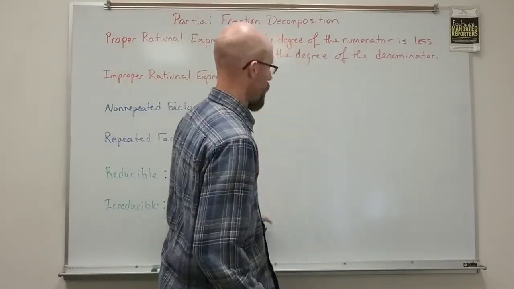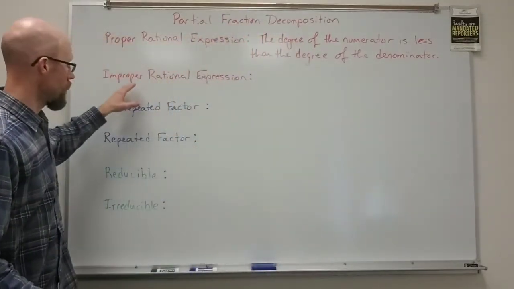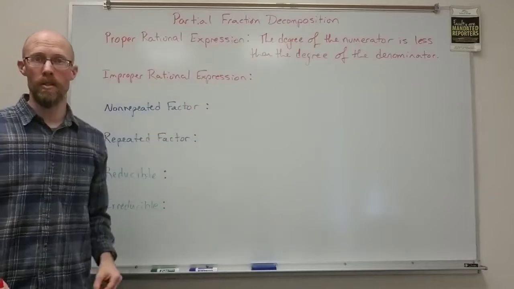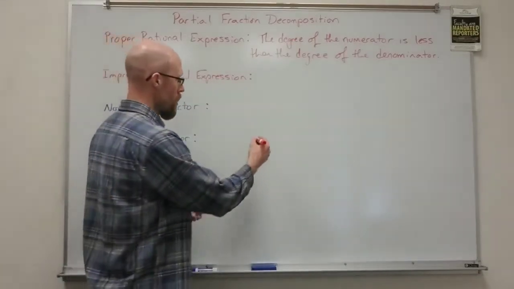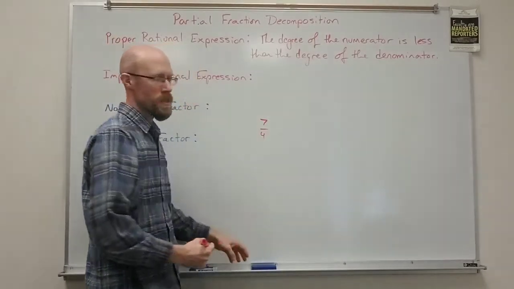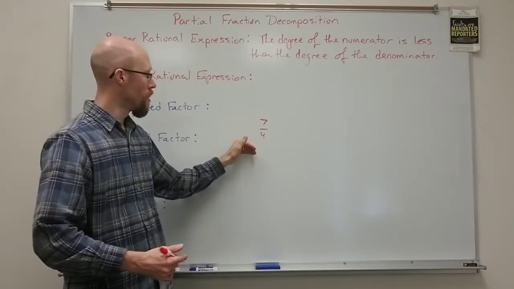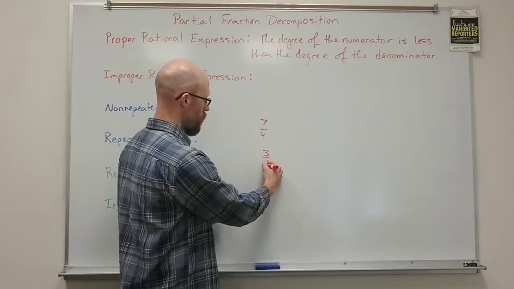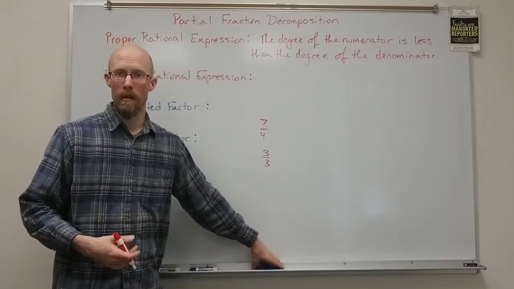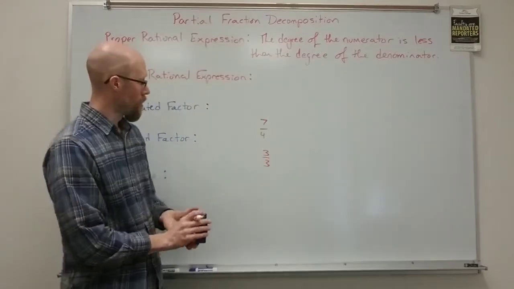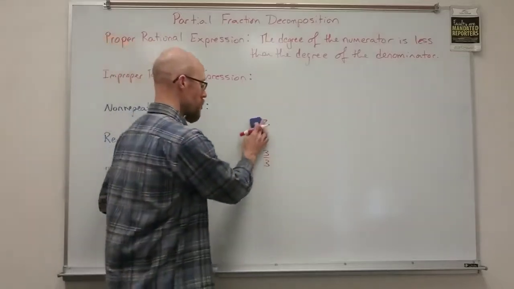Contrary to that would be an improper rational expression. Just like improper fractions, an improper fraction might be something like 7/4, where the numerator is greater than the denominator. Also, something like 3/3 would also be an improper fraction when they're the same.